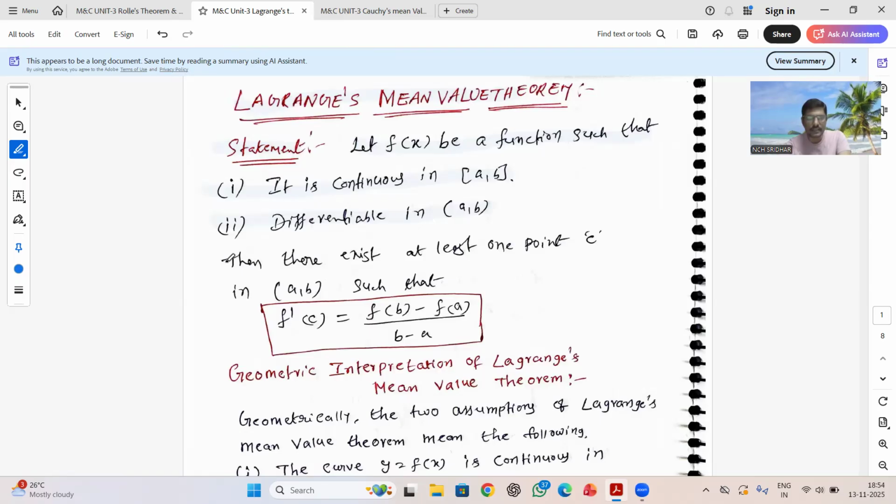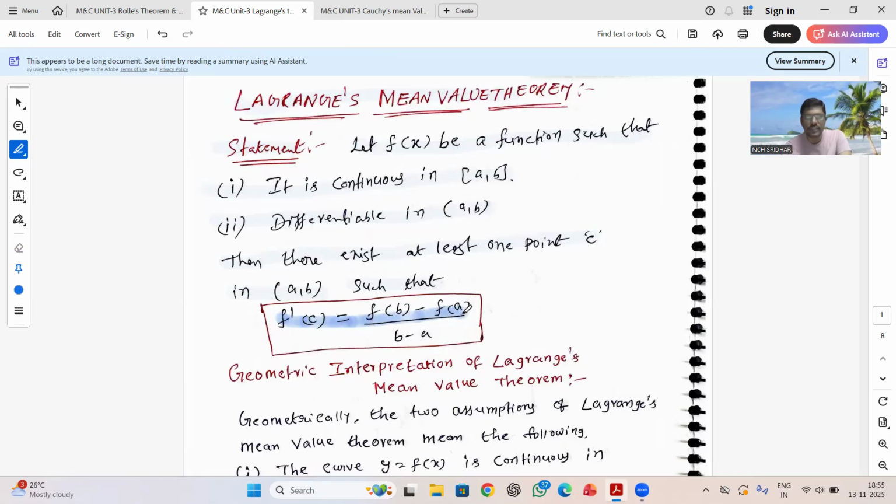Lagrange's directly says that there exists at least one point c in the open interval (a, b) such that, this is very important, f dash c equals f of b minus f of a by b minus a. Rolle's says that f dash c is equal to 0, but Lagrange's says that f dash c is equal to f of b minus f of a by b minus a.